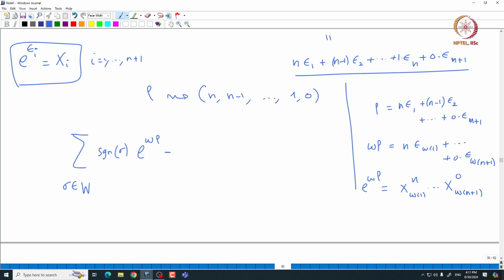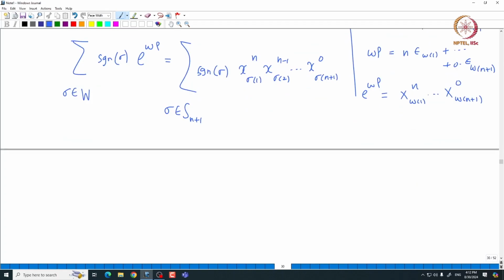So, that means this summation can be rewritten as the summation over sigma in S n plus 1 of sign of sigma x sigma 1 power n, x sigma 2 power n minus 1, etcetera, x sigma n plus 1 power 0. So, this is what you get, but if you think about it, this is the determinant of x i power n minus j.